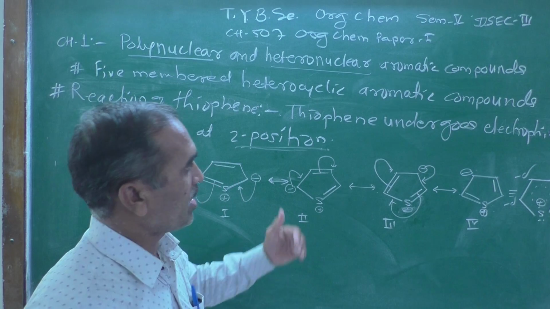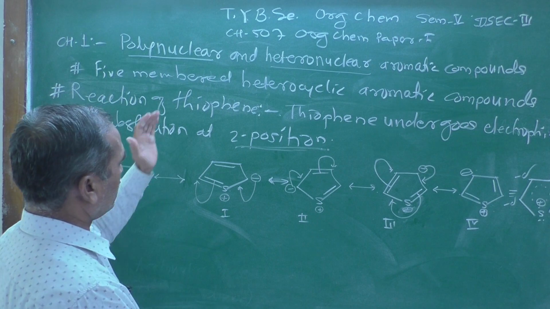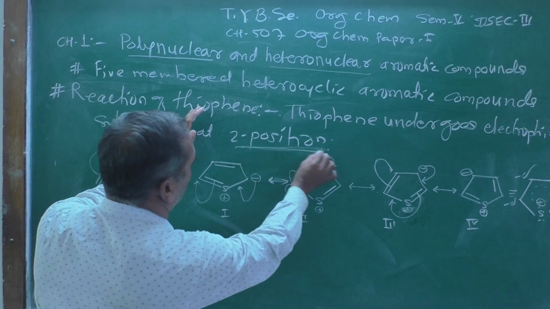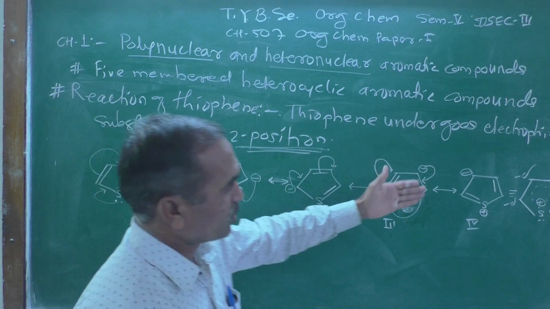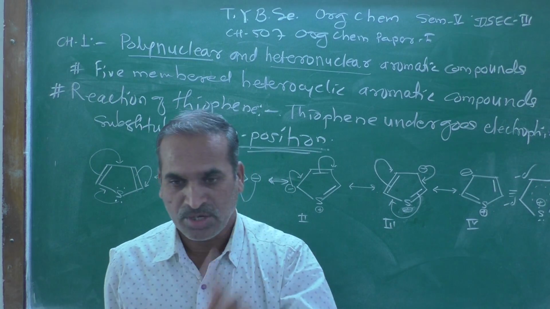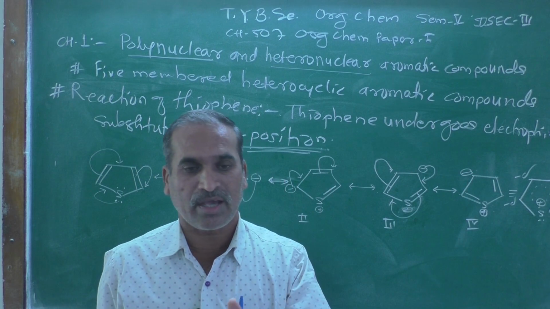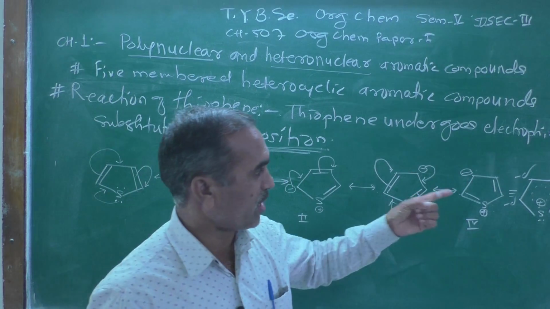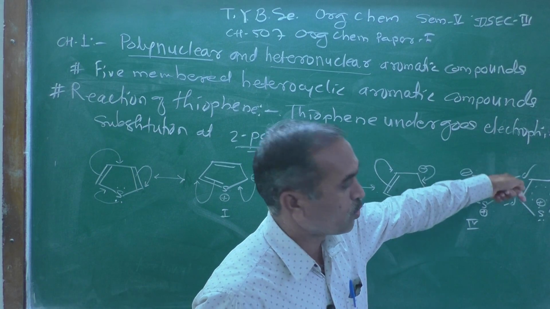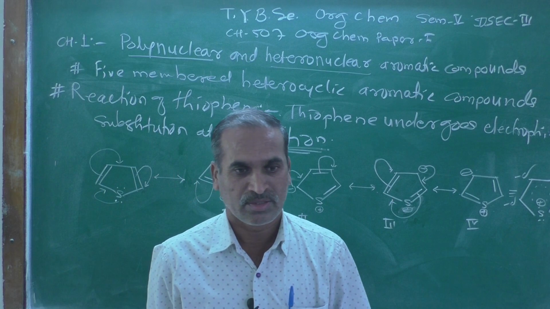This thiophene can undergo electrophilic substitution. Here I am mentioning the 2 position. Why 2? If you observe resonating structures 3 and 4, there is also a possibility of the electrophile attacking at either 2 or 4. Equal probabilities are there.